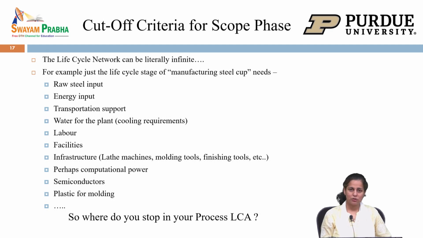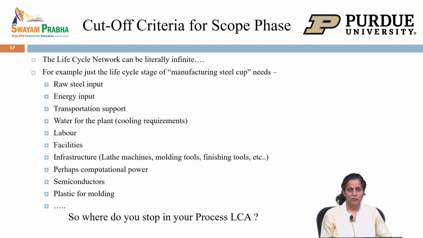For example, we need raw steel input, we need energy input, we need transportation support, we probably need water for the plant for cooling requirements, there is labor input, there is facilities, there are also infrastructure such as lathe machines, molding tools, finishing tools. We perhaps also need computational power if it is an automated manufacturing plant. For that we need semiconductors, we also need plastic for molding, and so on and so forth.